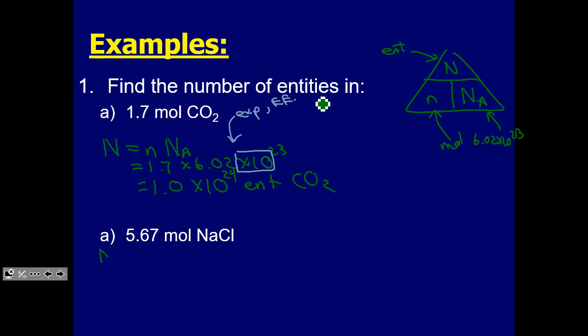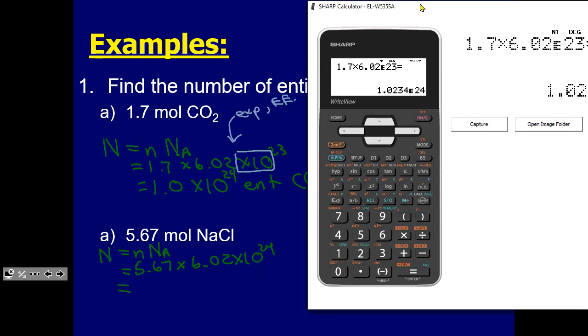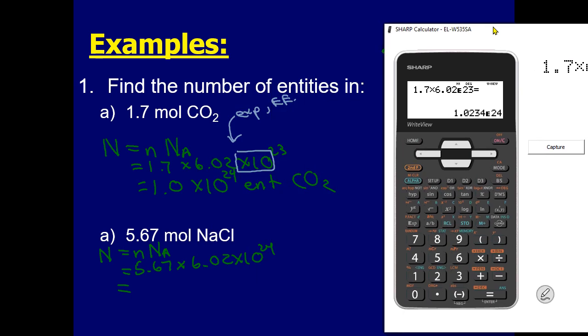N equals little n times Avogadro's number. 5.67 times 6.02 times 10 to the 24. Again, I'm going to bring the calculator up just as a reminder on how to do it. So let's clear.